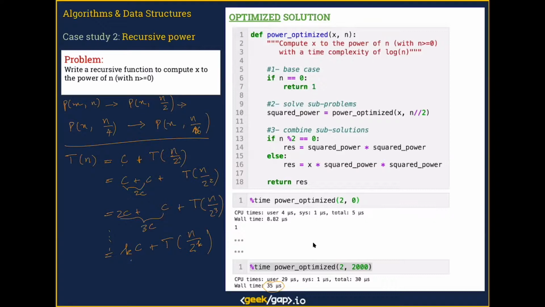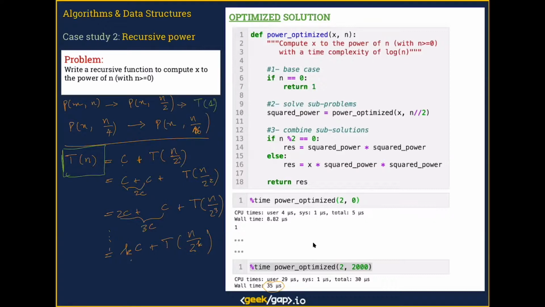What we want, at the end of the day, is to express this in terms of something that we know. What we actually know is T of 1, which is a constant time.